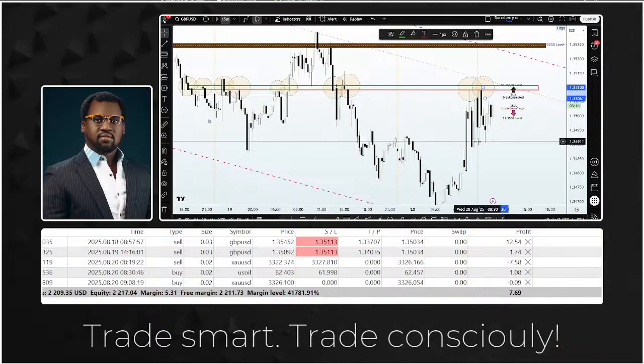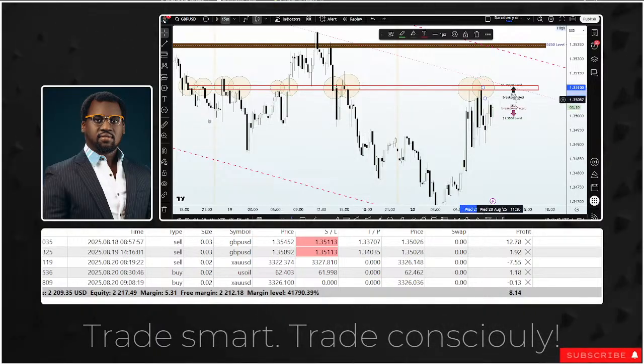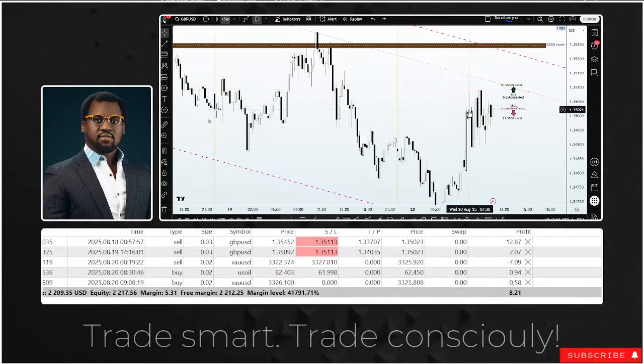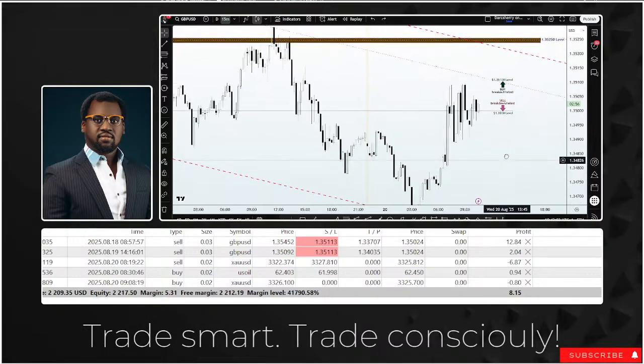And what does this mean? It means that sellers still have a say in this market, and as long as price remains below that 1.351, it makes a whole lot of sense that we continue to maintain a bearish bias. Due to this understanding, I still hold a sell position.